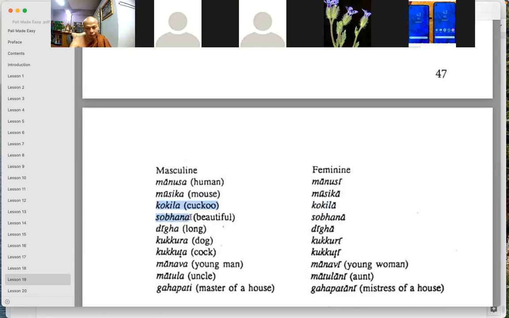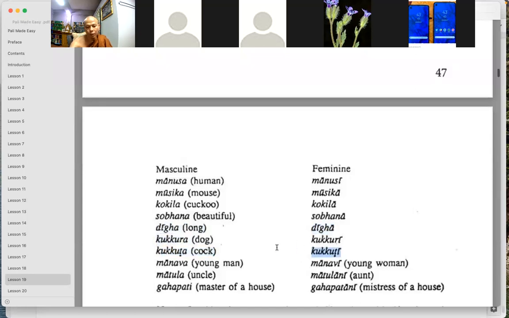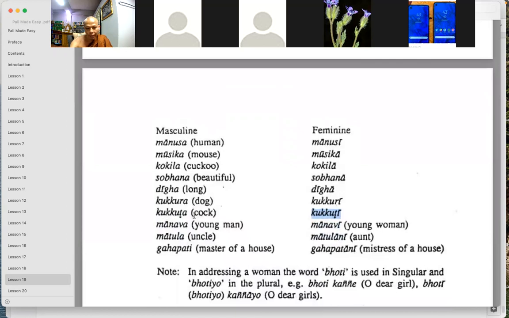Sobana means beauty, maybe male gender now, but female gender is sobana by adding the R, and diga, long. And kokura means male dog, but kokuri is female dog. The same way, kokuda means cock, kokudi means hen.